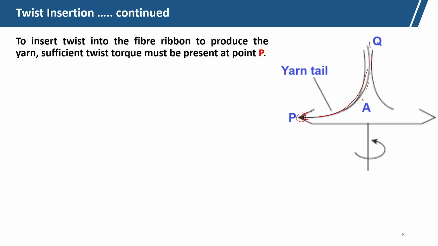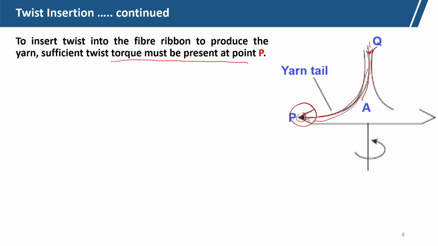To insert twist into the fiber ribbon to produce the yarn, sufficient twist torque must be present at point P, because this twist torque comes from the yarn twist. Here, in the already formed yarn, the tail end is free.